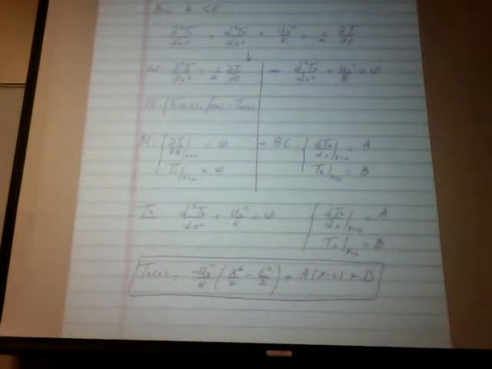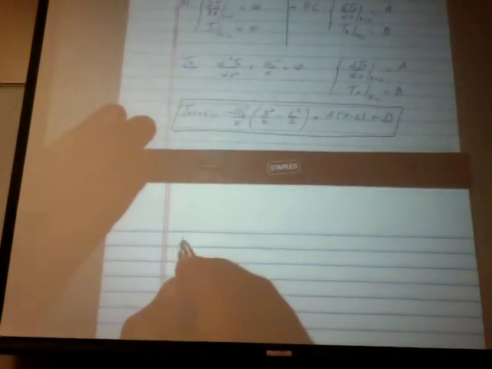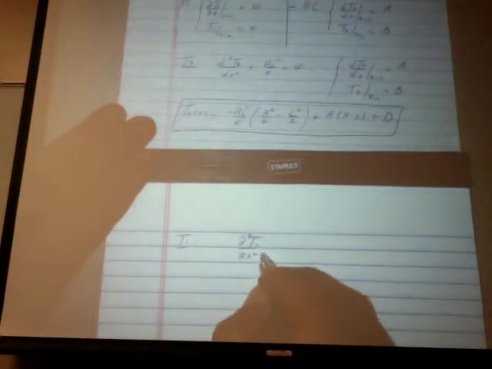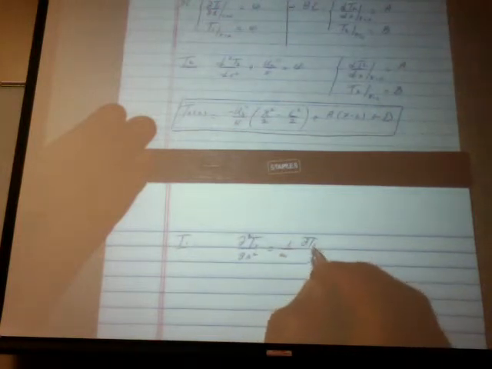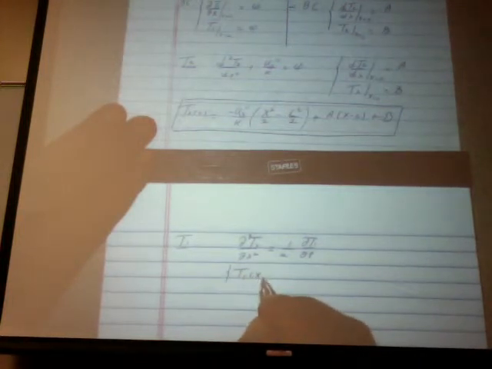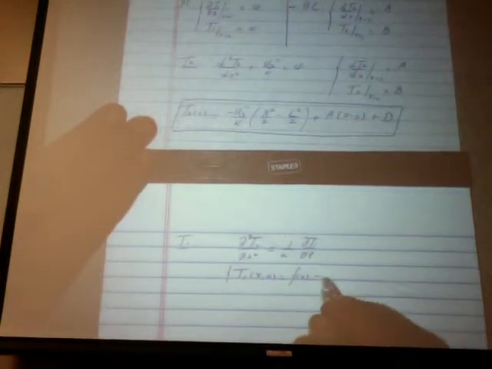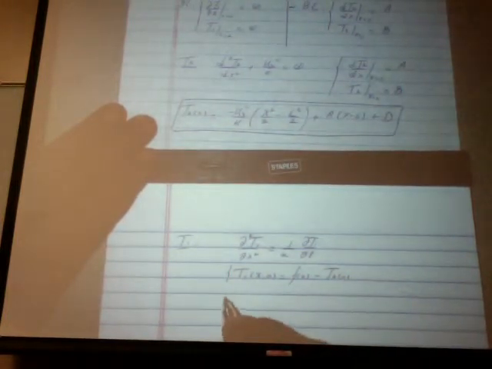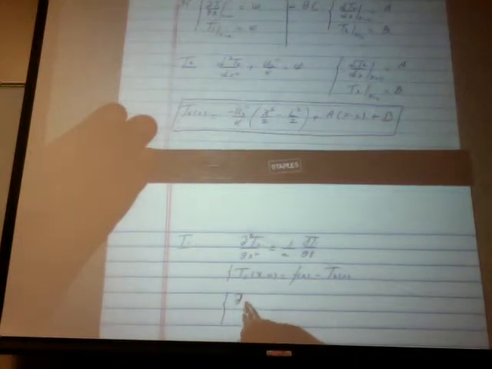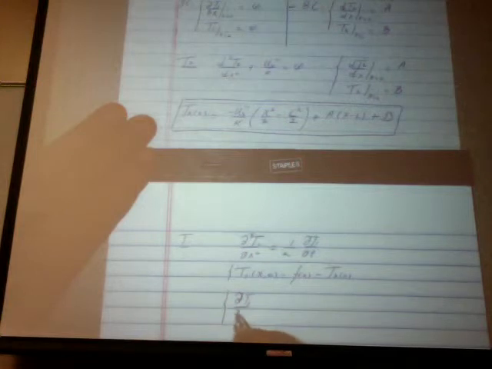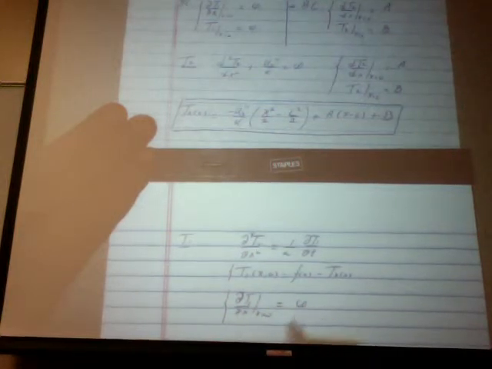All right, so now we need to solve for T1. The T1 problem, we have one over alpha dT1/dt, such that T1 at x comma 0 is equal to f of x minus T2 of x, and the boundary conditions say that dT1/dx at x equals 0 is equal to 0, and T1 at x equals L is equal to 0.